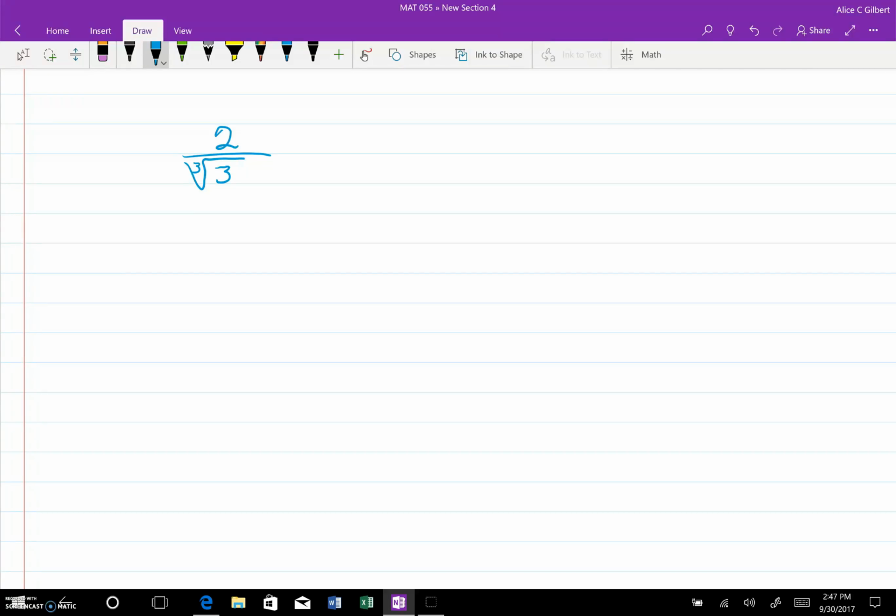Because if I just multiply my denominator by the exact same thing, now what I end up with is the cubed root of 3 times 3 is 9. What's the cubed root of 9? There is not one. So just multiplying it by the exact same thing isn't going to help me.